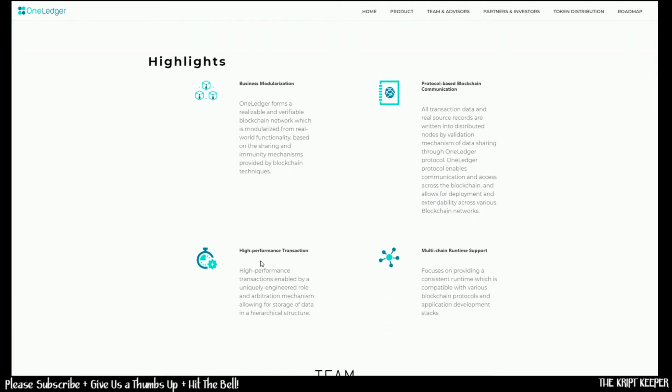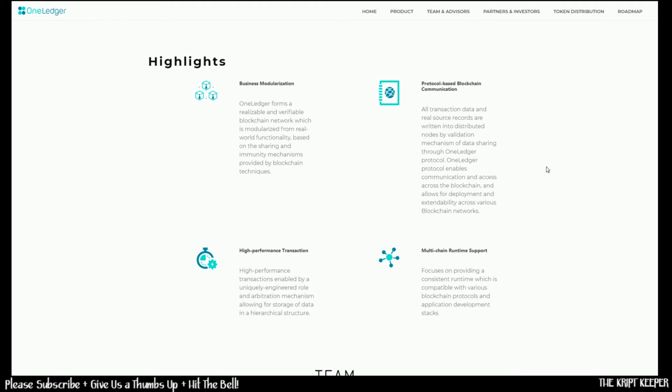Let's just scroll down here and have a look at some of these. The highlights of OneLedger will be their business modularization. OneLedger forms a realizable and verifiable blockchain network which is modularized from real-world functionality based on the sharing and immunity mechanisms provided by blockchain techniques. Then we have protocol-based blockchain communication. So all transaction data and real source records are written into distributed nodes by validation mechanism of data sharing through OneLedger protocol.